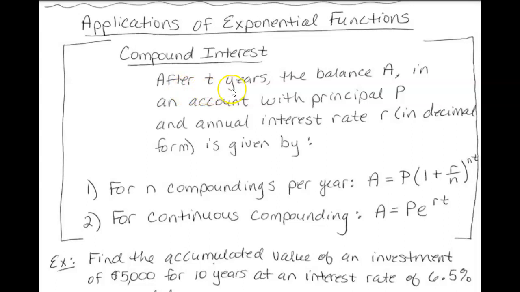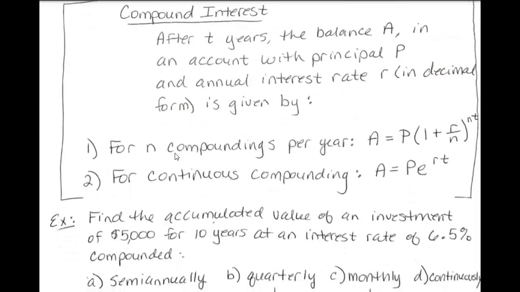After t years, the balance A in an account with principal P, principal means how much you start with, and an annual interest rate r, that interest rate should always be in decimal form, is given by, and it depends on the other information in terms of which formula you're going to use.